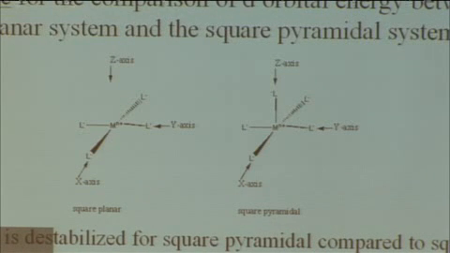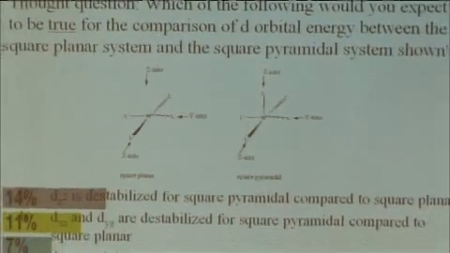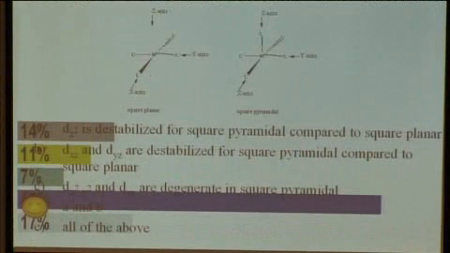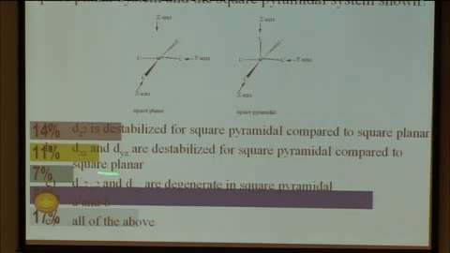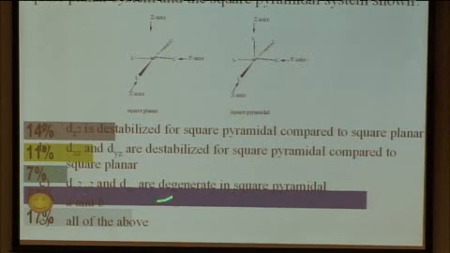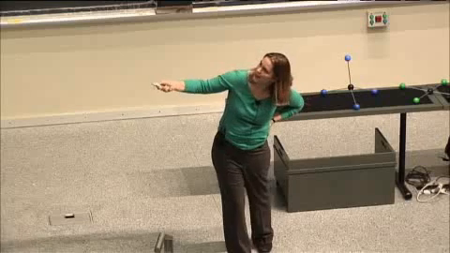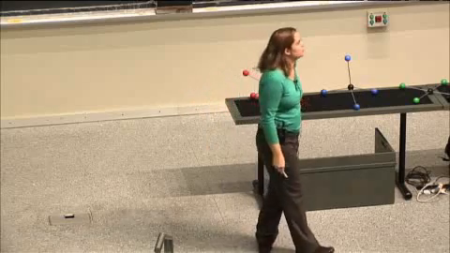And other orbitals that have a component along z are going to be affected a little bit by that. But our other one here is not going to be true, so the all of the above is not correct, so we have this one.